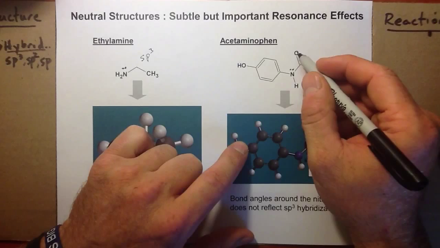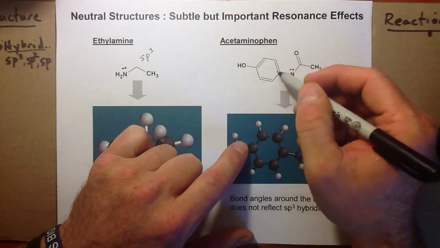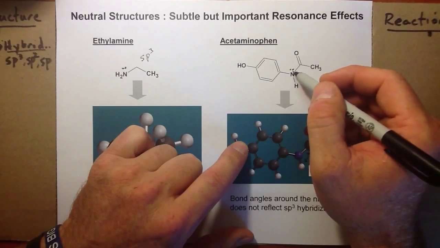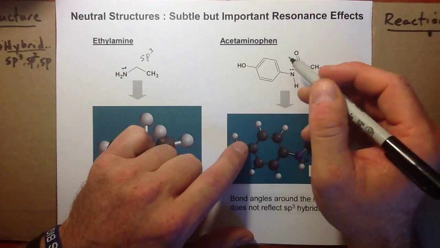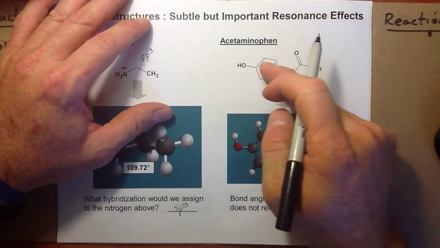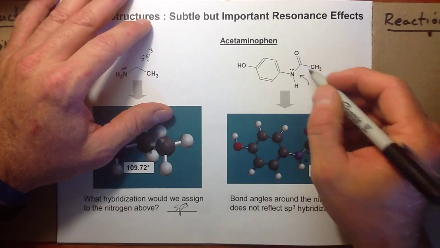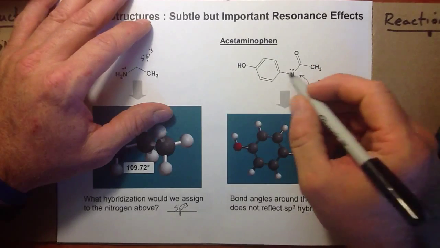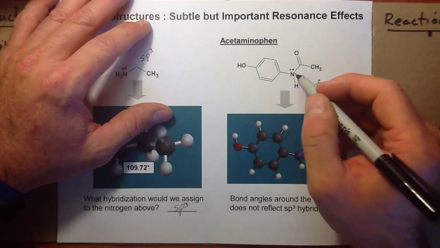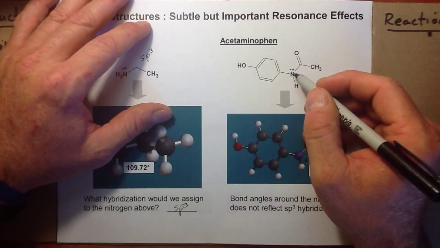Here we have a p orbital overlapping with a p orbital on this oxygen. We have the benzene ring neighboring this lone pair, which also has a lot of p orbitals, or pi bonding network, that we could delocalize into. So there's going to be a strong desire, mostly because of what we see on the right here, but also because of the benzene ring, for this nitrogen to be sp2 hybridized with the lone pair being in a p orbital.